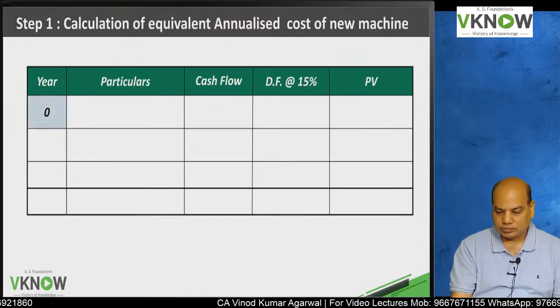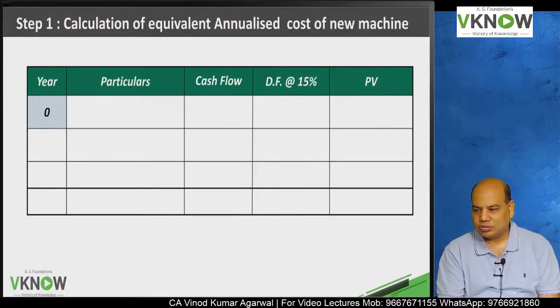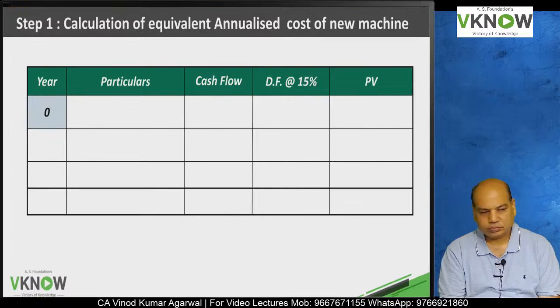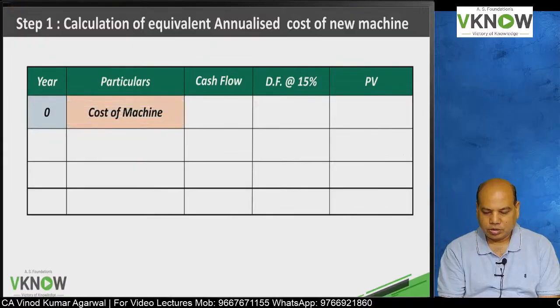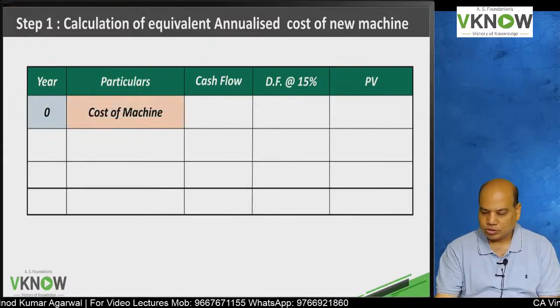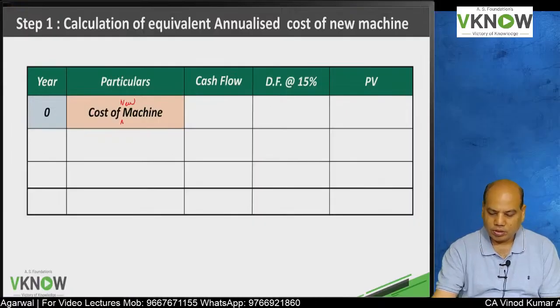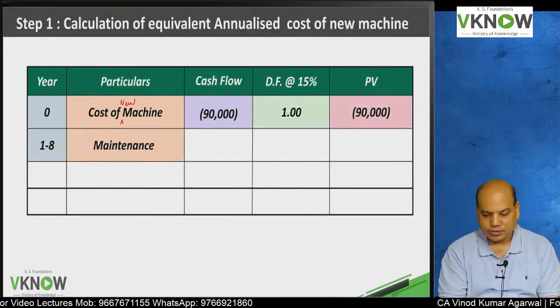Format is same: year, particulars, cash flow, discounting factor at 15%, and present value. Year 0, cost of new machine 90,000, present value 90,000.